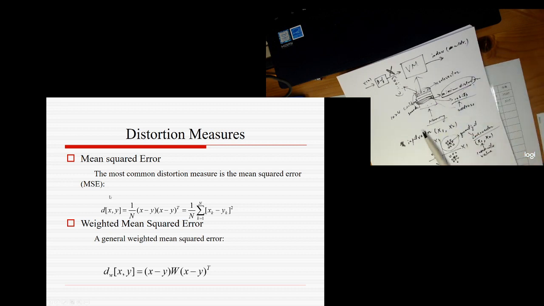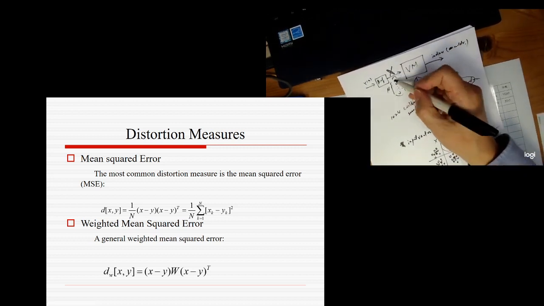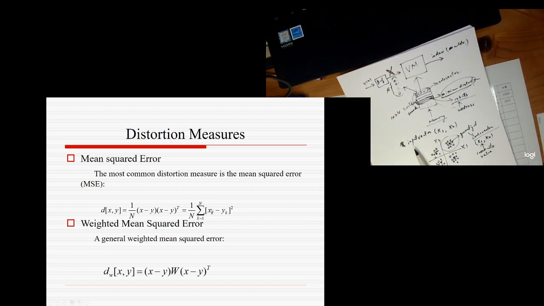So this information shows you we have two vectors. Y is inside your code vector, and S is your input data, the input vector. For example, your vector dimension is n, so the code vector has n components.